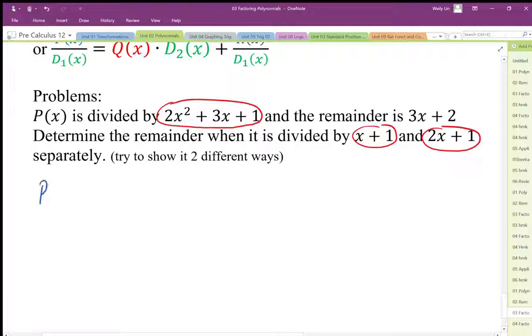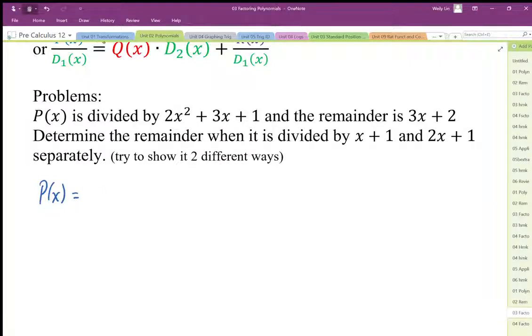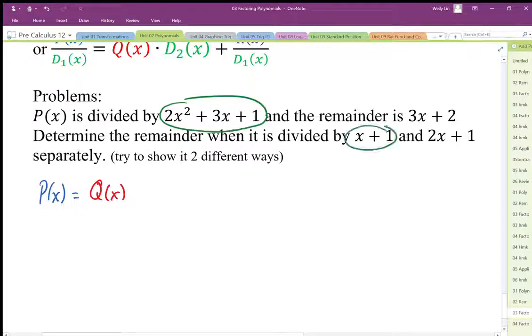I have my p of x, unknown, is equal to my q of x. Actually I should do this in green. My q of x I usually write in red, so my q of x, unknown. But I do have my d of x, which are these two pieces.